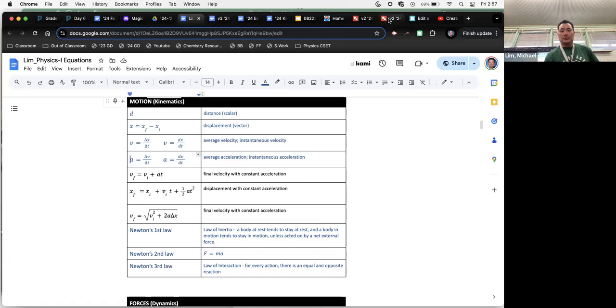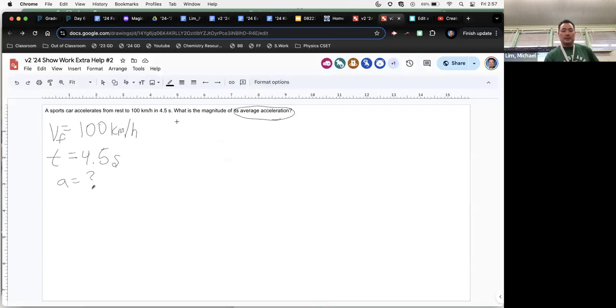Let's go to our assignment and write down A equals triangle V over triangle T. Now that's the same thing as V final minus V initial, over T final minus T initial.